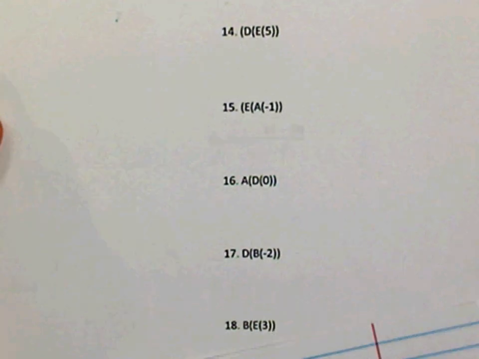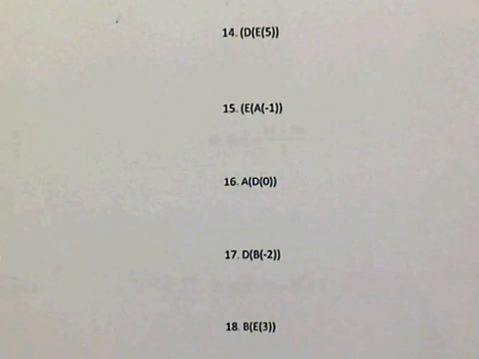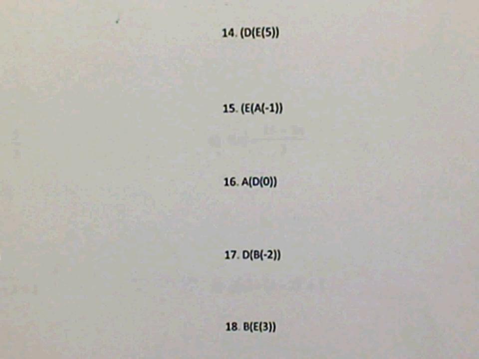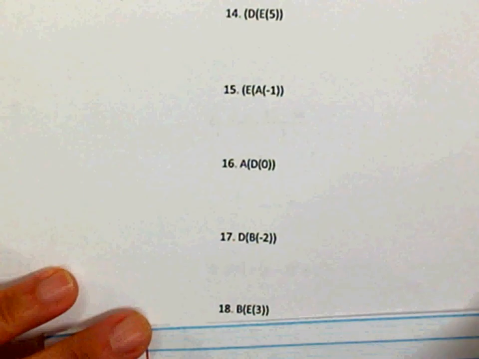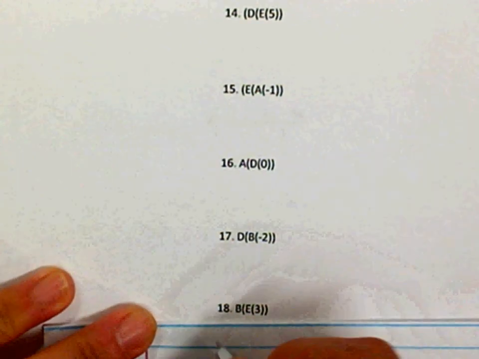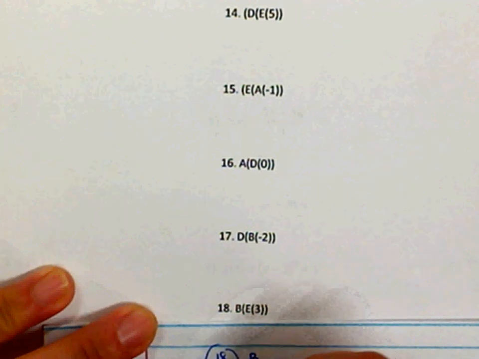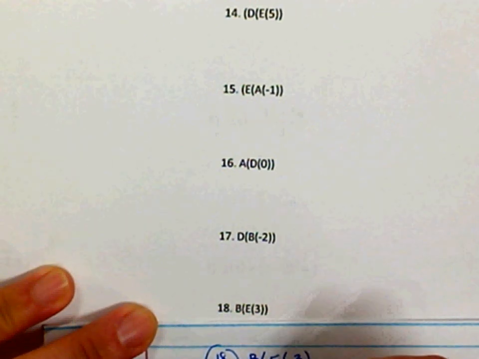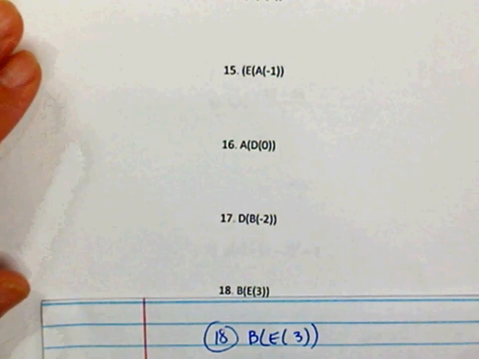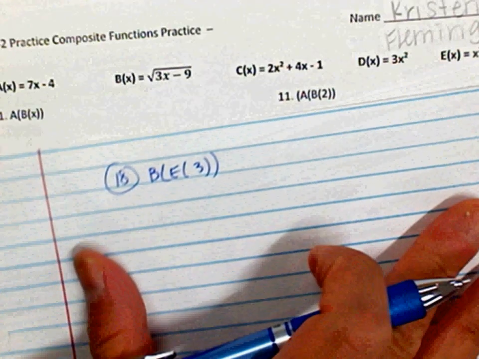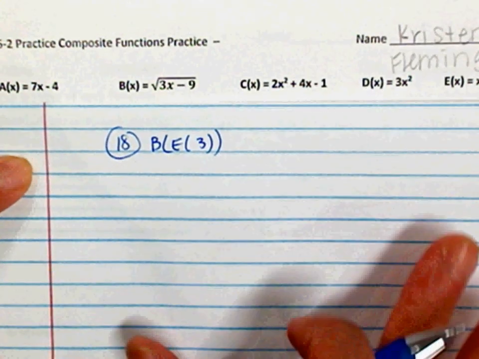How about number 18? Okay, so let's look at 18. 18 is B of E of 3. So I'm going to come up here so you can see what I'm plugging in to help you. We're going to start off on the insides.